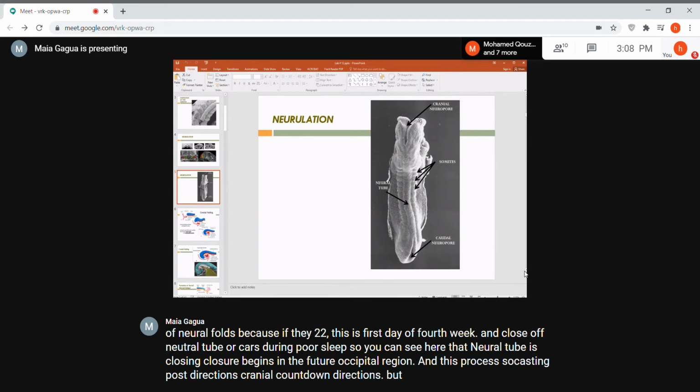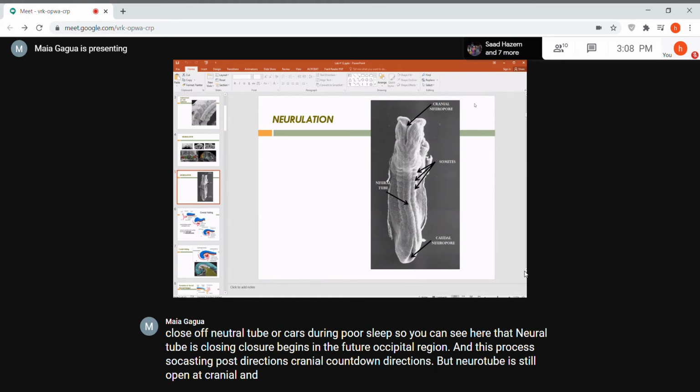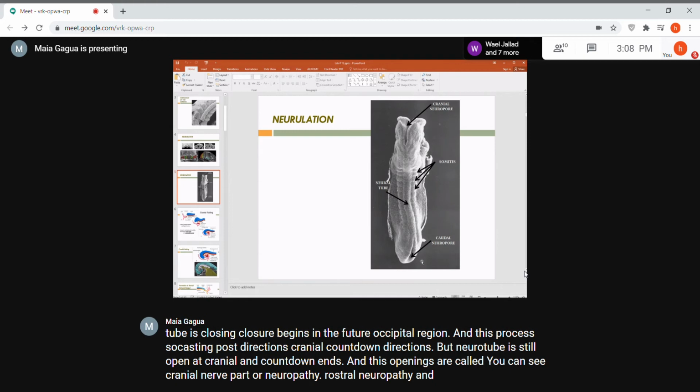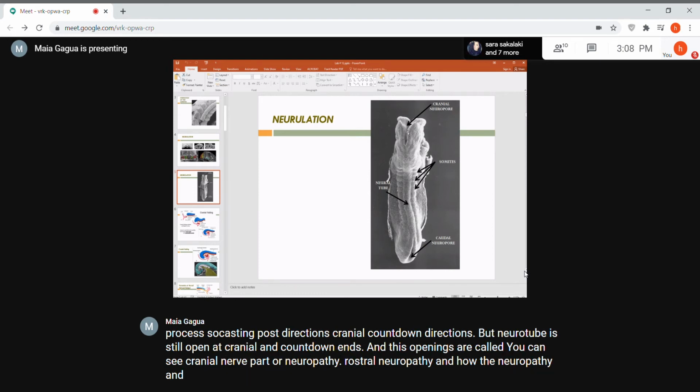But neural tube is still open at cranial and caudal ends, and these openings are called neuropores. You can see cranial neuropore or rostral neuropore and caudal neuropore. And neural tube communicates with amniotic cavity through these neuropores.